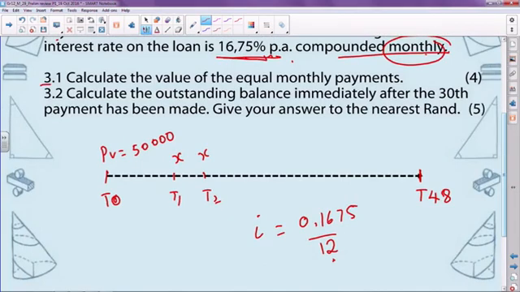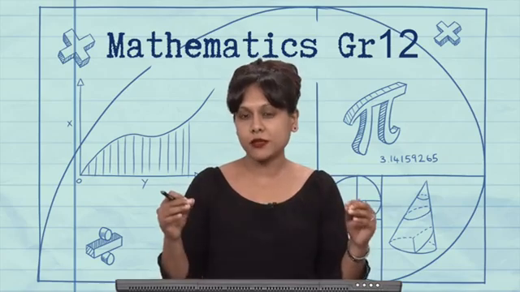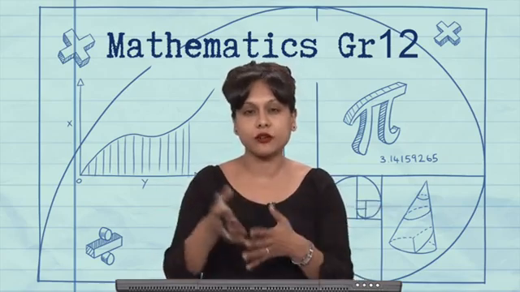First question: calculate the value of the equal monthly payments. You can see on your timeline, I've represented those payments as X. We don't know what they are. So you've got to think about what you've got. You've got the present value, you've got the interest rate, and you've got N. There's only one thing that's unknown in your present value formula, and that is X, the value of the payment.